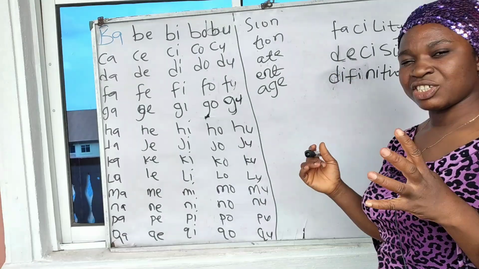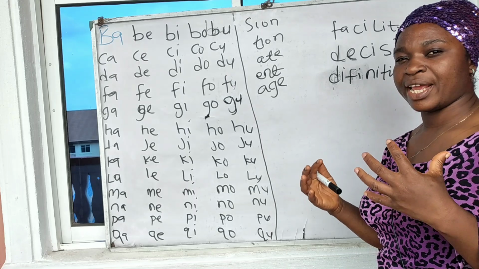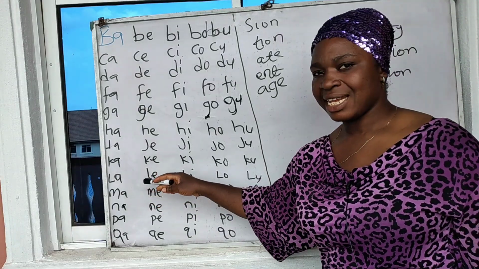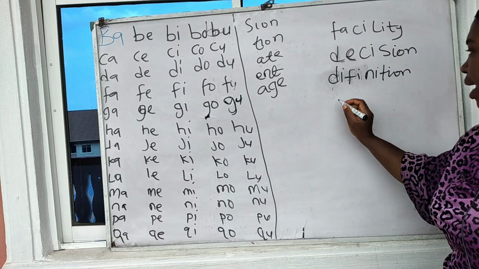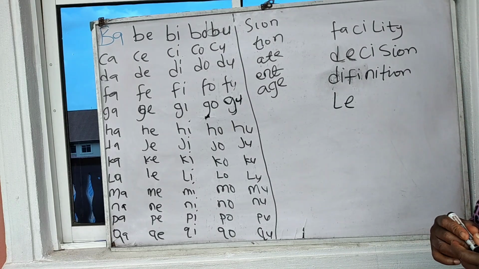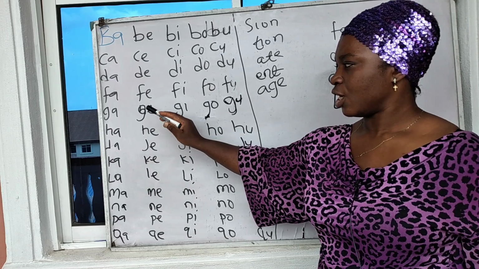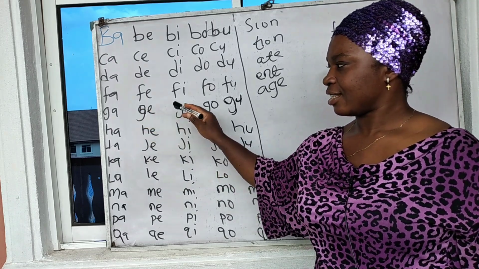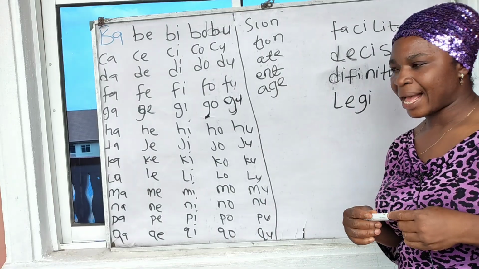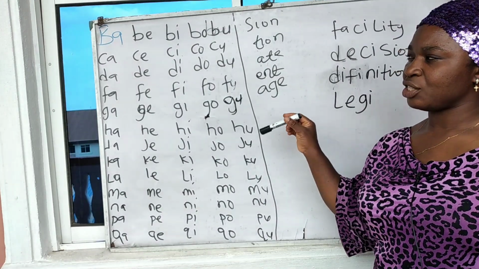Remember, sounds are usually paired in 2, in 3, in 4, even in 5. Another one, we have la, le. This is the le. We pick L, E. We go for G, ga, ge, gi. We pick gi. Remember, these are usually pronounced in 2 forms.